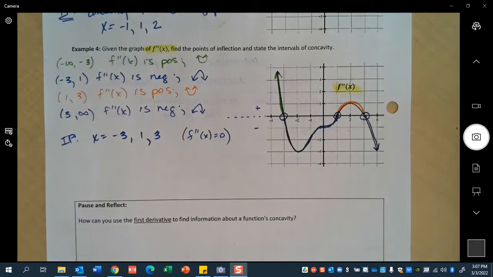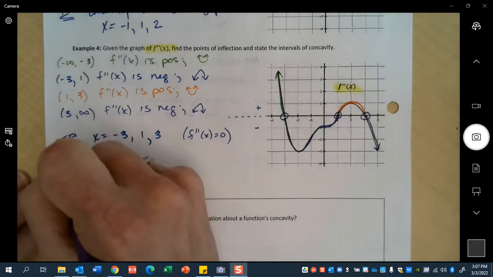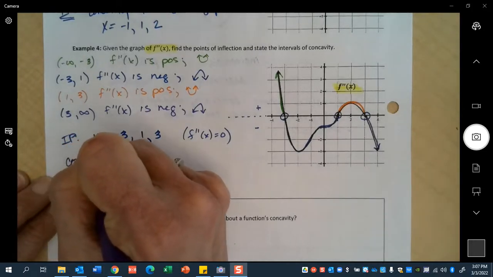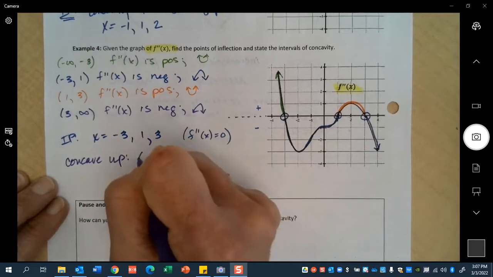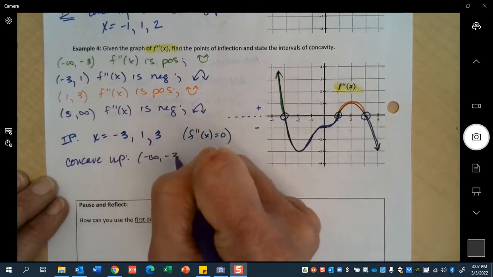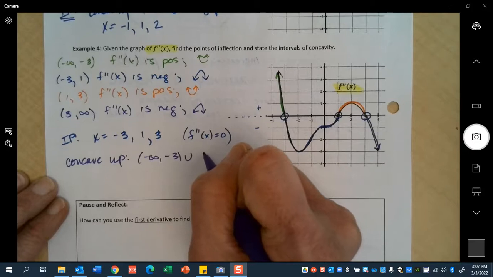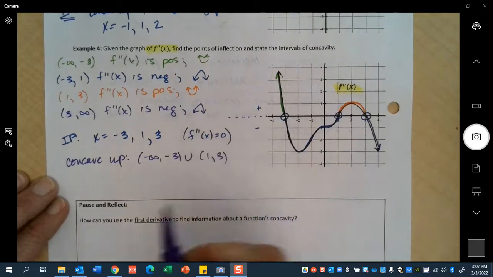If it makes it easier for you to talk about things in terms of concave up or down, my graph is concave up on the intervals of -∞ to -3 and 1 to 3.